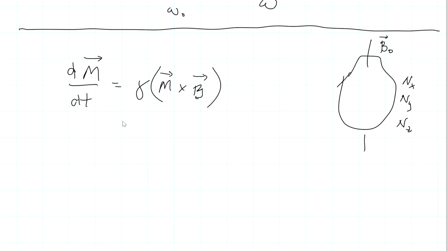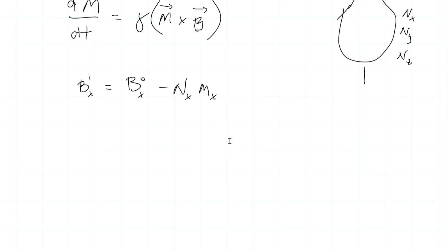So demagnetization factors means that our field, and this is the z-axis, field in x would be equal to a certain constant part of that, minus Nx Mx. Remember, this is the demagnetizing field, and Nx is the demagnetization factor along the x-axis.